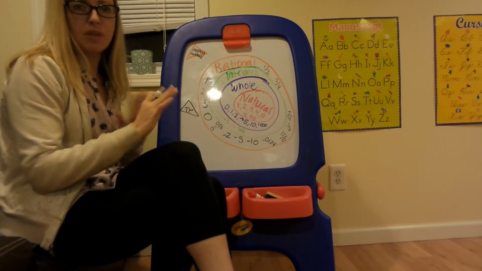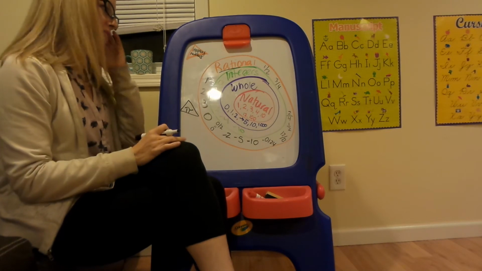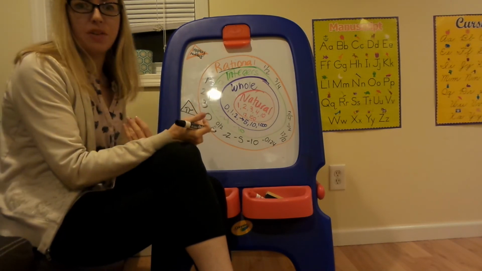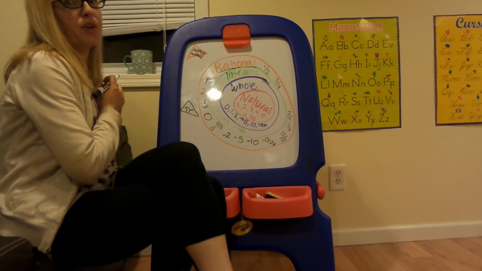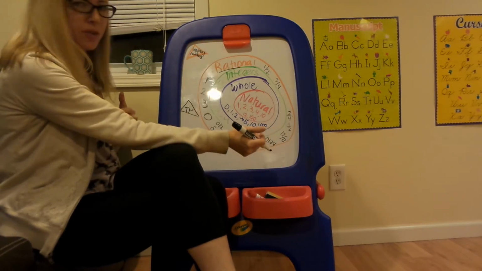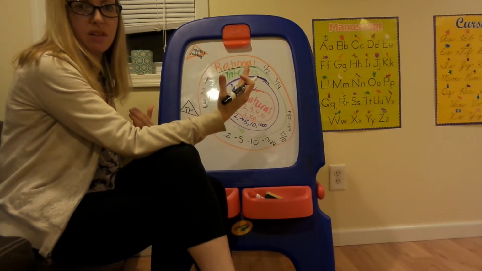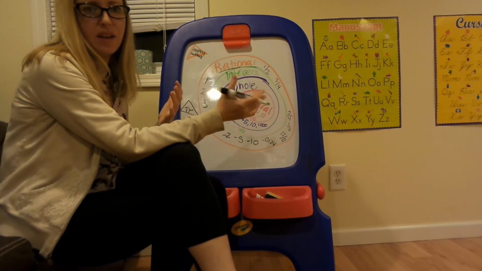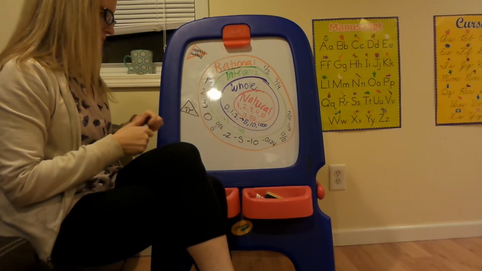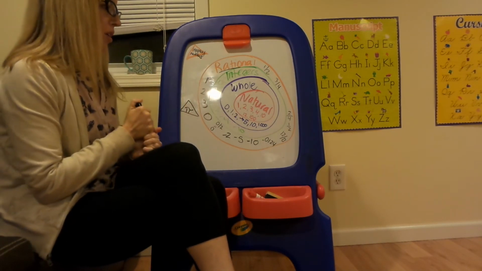Irrational numbers are numbers that, no matter what you do, you cannot write as a fraction. So pi, we all know that it is 3.14 when it's abbreviated, but really pi is a number that goes on for infinity. 3.14 is an abbreviation. Pi actually goes on infinitely, so it is not a rational number. You cannot represent it as a fraction or a decimal that stops.